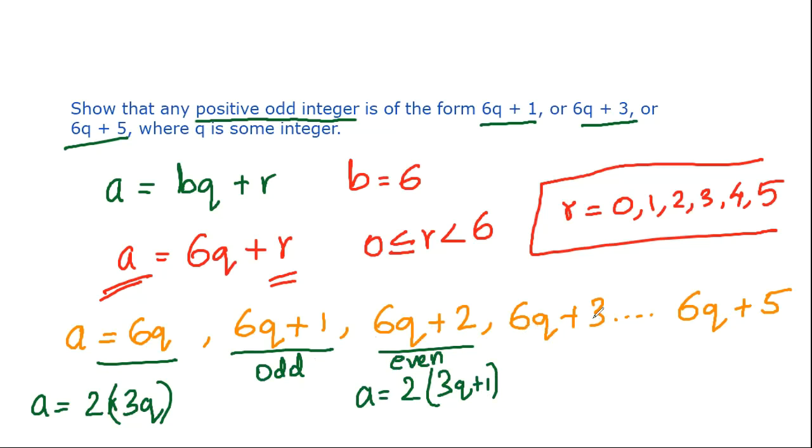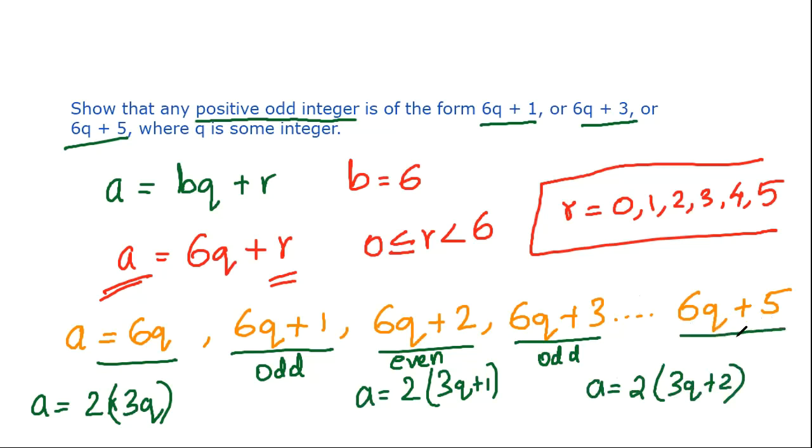Here also we cannot take 2 common outside, so this also will be an odd value. And in the next case, 6q plus 4, we can write a is equal to 2 into 3q plus 2. That will be even.